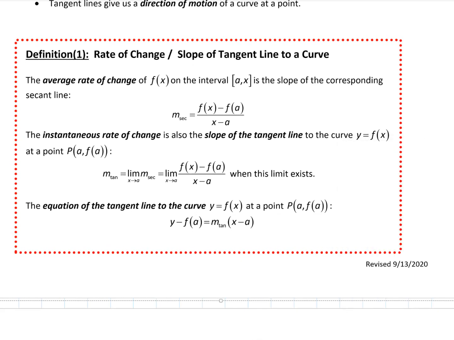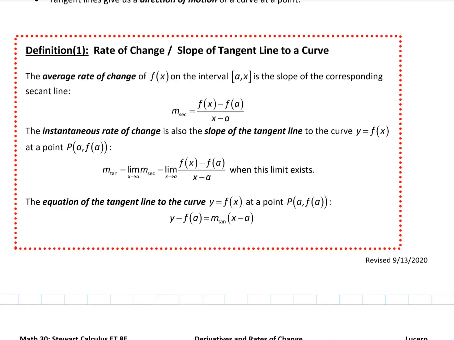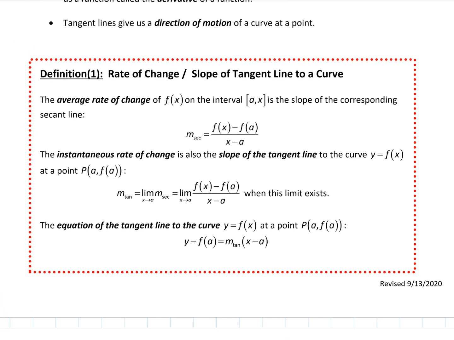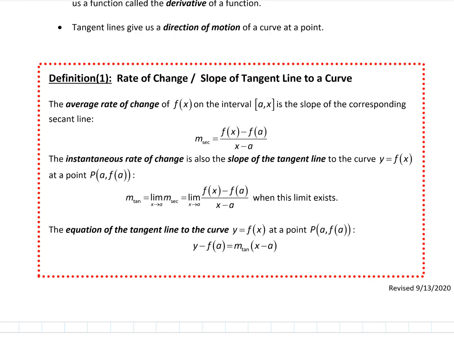This would be a good time to freeze the screen and take this down in your notes, because this is our first definition for the slope of a tangent line to a curve, or a rate of change. So again, the average rate of change, which comes out of that secant line, is that first line. The slope of the secant lines is f of x minus f of a over x minus a.